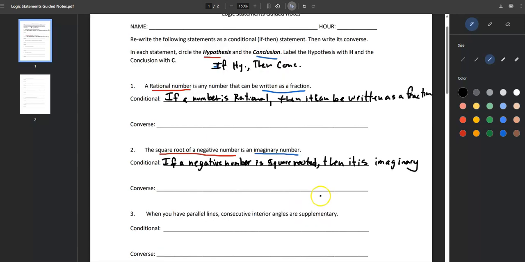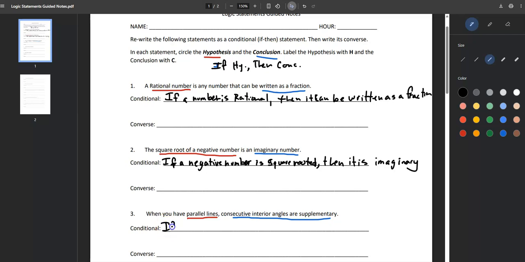Actually, why don't we do this third one as well? So again, identifying my hypothesis and my conclusion. When you have parallel lines, consecutive interior angles are supplementary. So having parallel lines would be my hypothesis, and then my conclusion would be that my consecutive interior angles are supplementary. So how would I write this?